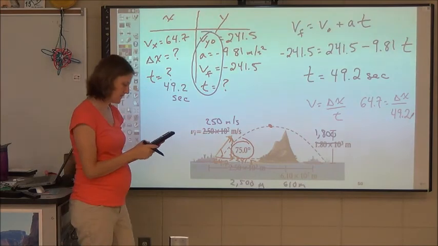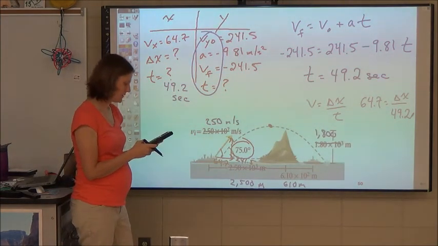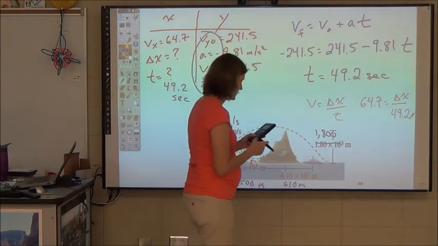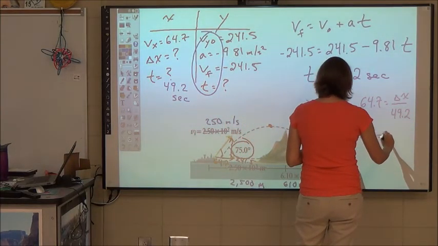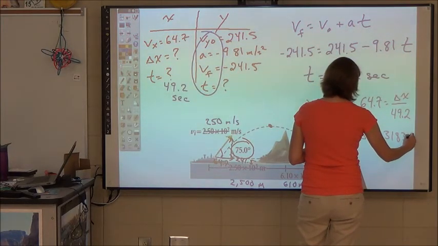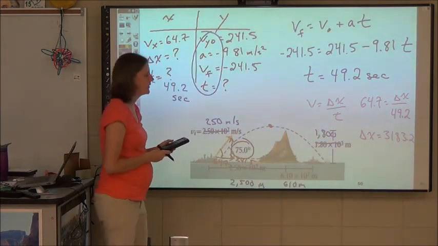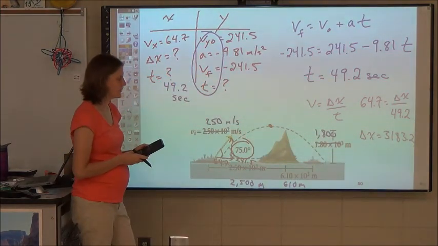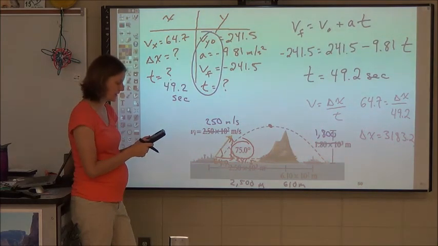Solve for my displacement. And I get 3,183.2 meters. That's sort of the range. That's how far it goes to the right.